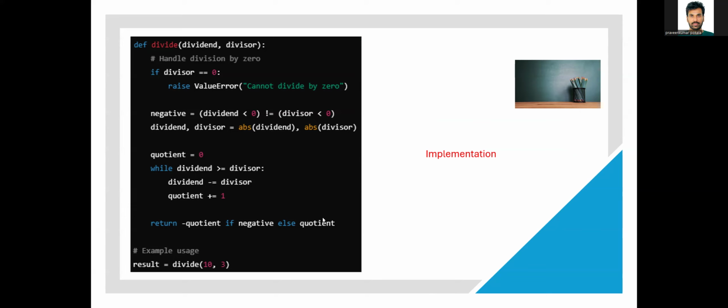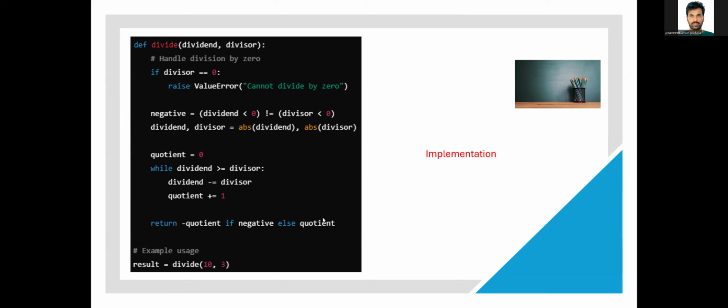So this is the loop condition. We need to keep on subtracting the divisor from the dividend as long as the dividend is greater than or equal to the divisor. We subtract the divisor from the dividend, assign that to the new dividend, and increase the quotient.